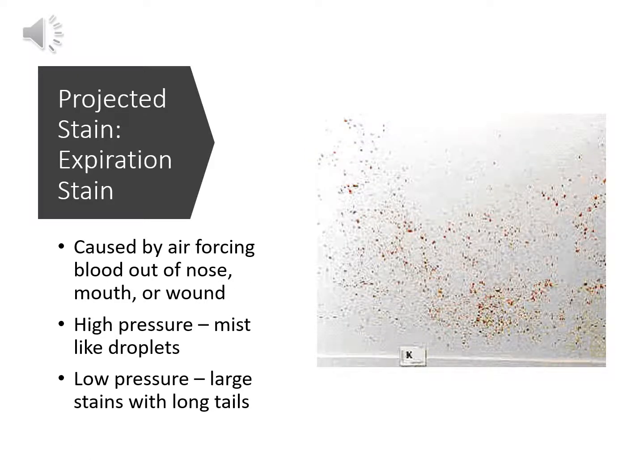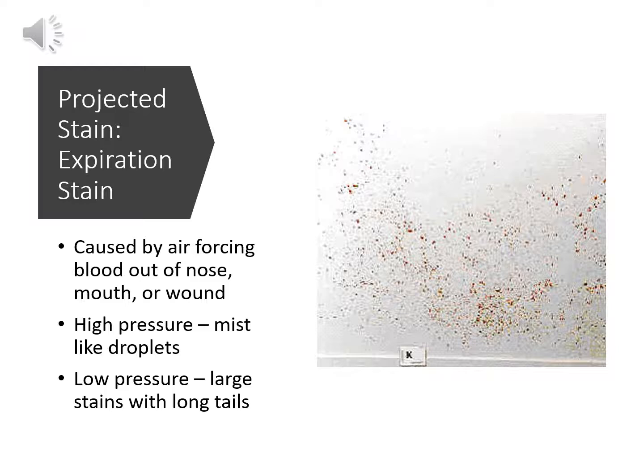Now, if we consider our second type of projected stain, an expiration stain, this is caused by air forcing the blood out of the nose, mouth, or a wound area. So because you've got the air involved, you're going to get high pressure mist-like drips that are going to be visible as small blood droplets. Under low pressure, you're going to get larger stains with longer tails.